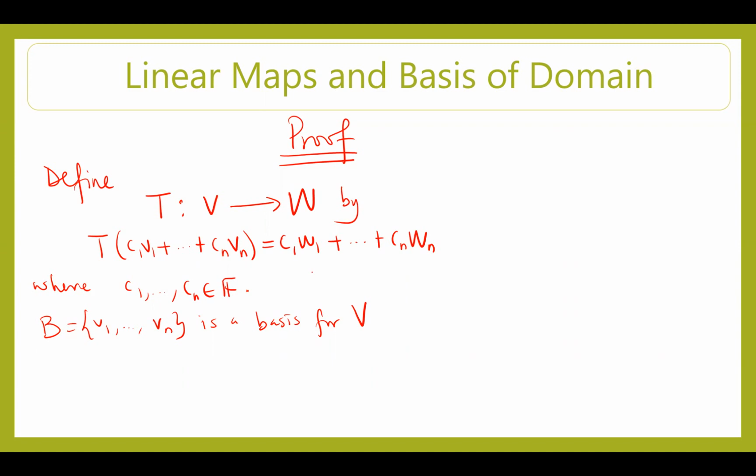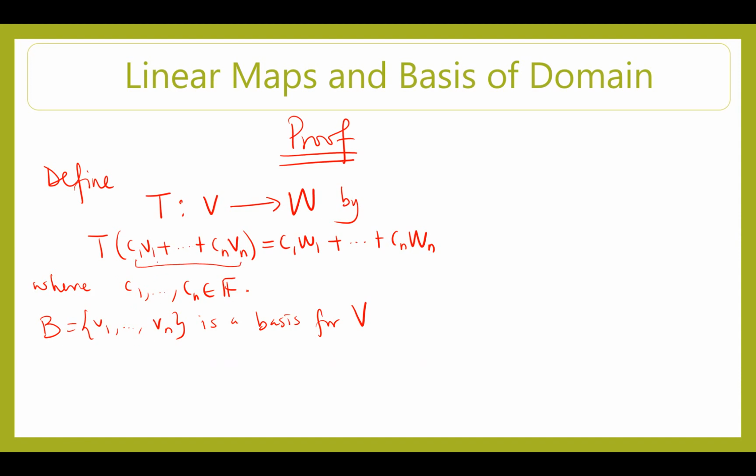And of course, the well-definedness means that since B is a basis, each element of V can be uniquely written in the form of this linear combination. And I think that is the major point here.